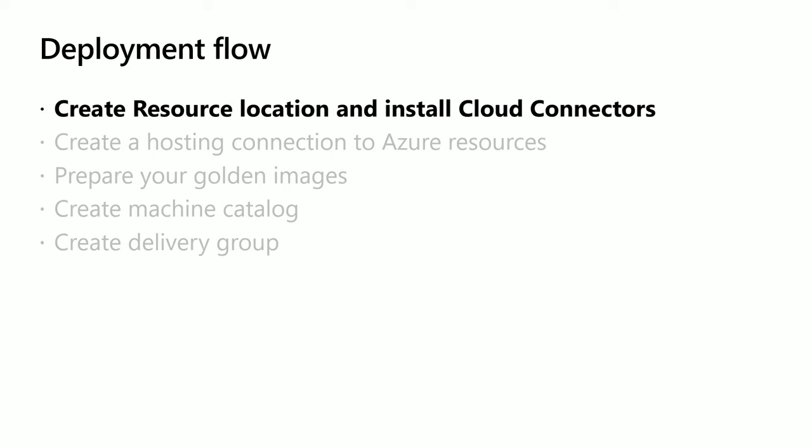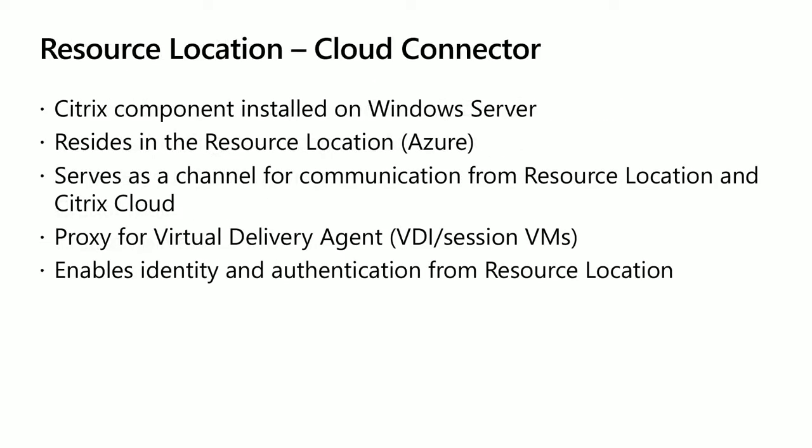OK, let's talk about the first step. Create a resource location and install cloud connectors. So let me define. A cloud connector is a Citrix component that you install on a Windows server. That Windows server is going to be in your resource location, AKA the target. In this case, the resource location is Azure.